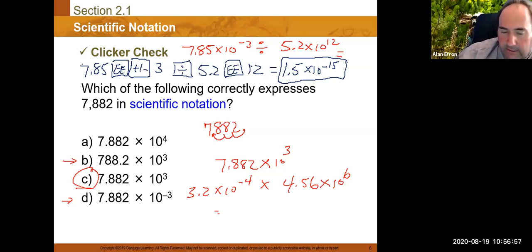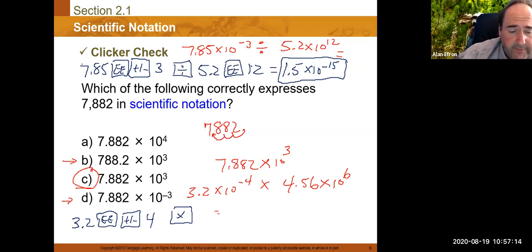Let's take a look at the second one on the bottom. We're going to follow the same approach: 3.2, hit our exponent button only, no multiplication button, and our negative, because it's a negative exponent, and 4. We're then going to hit our multiplication button because we're multiplying, and go with 4.56, exponent button, and a 6 since it's positive.